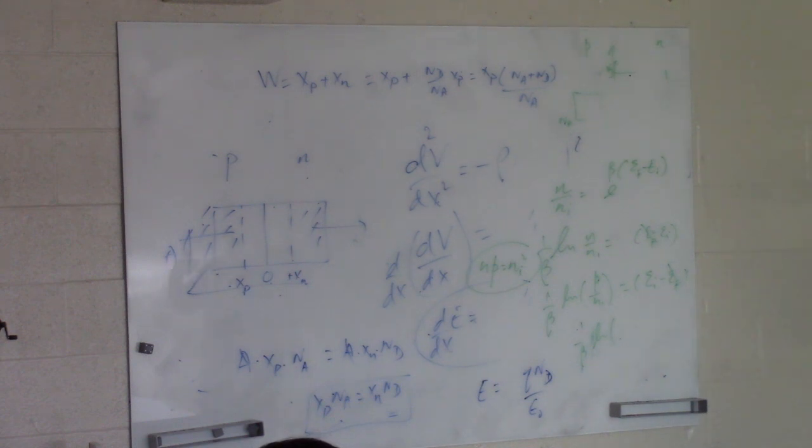If you have much higher doping, the built-in potential is going to be much higher. So not much with Ni squared. If you can put more acceptors and more donors, your built-in potential can be higher. So you can tune how much built-in potential you need.